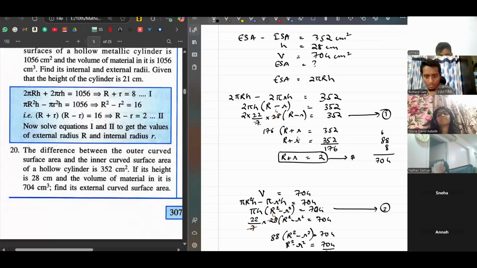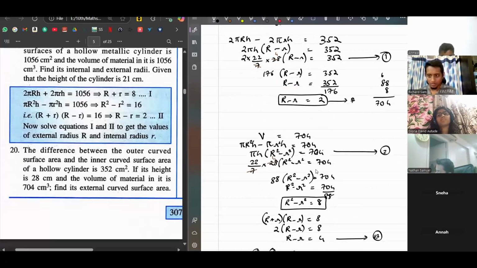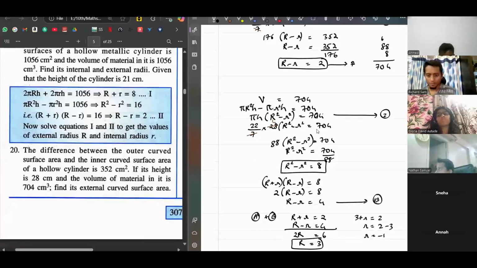So here also in place of, yeah. So R plus r is what we don't have.